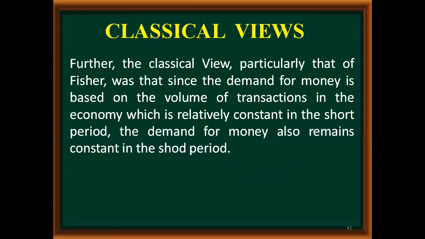So Irving Fisher was of the view that demand for money remains unchanged in the short run. As we have discussed, the demand for money depends upon the volume of goods and services, and as the volume of goods and services remains constant in the short run, therefore the demand for money will also remain constant in the short run.